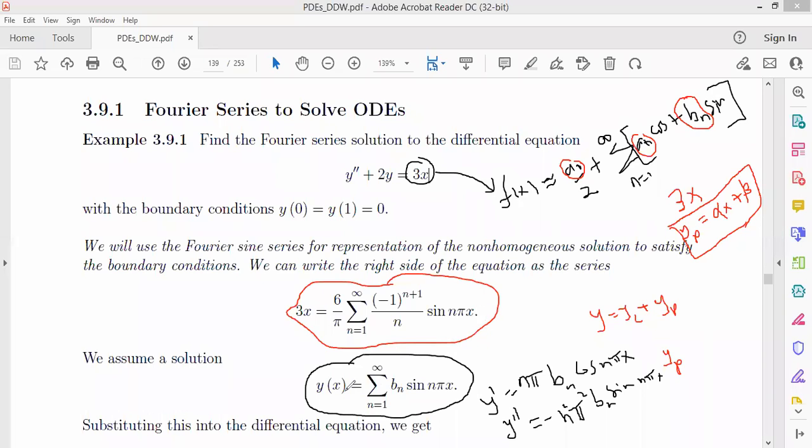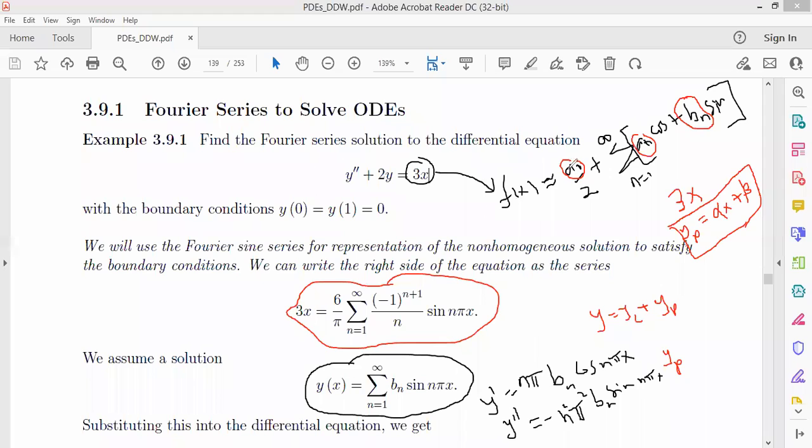I have told you this one takes the form of the solution, and I'm using your D is one to explain this. This one is already sine. You can see that fx takes that form. So what is the generic form? The generic form is bn sine n pi x. I hope I am clear there.